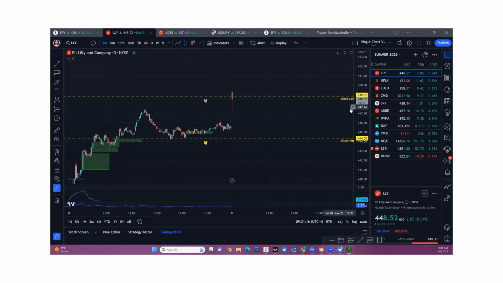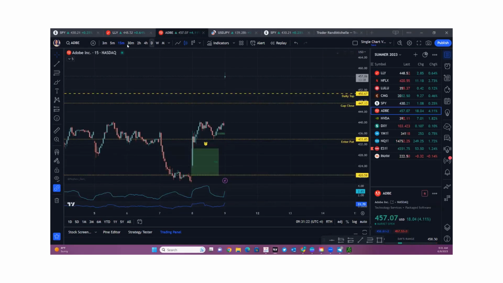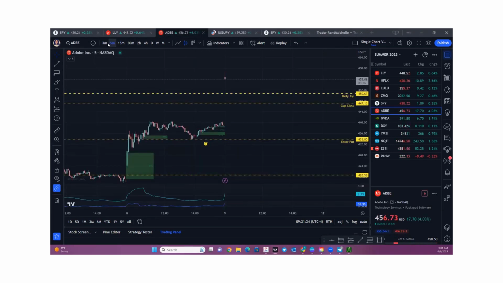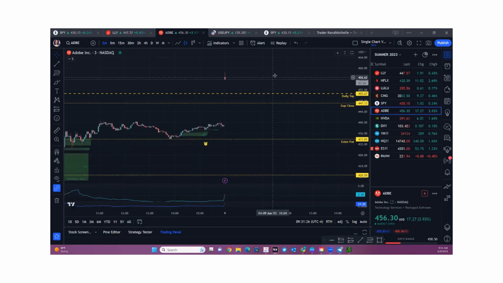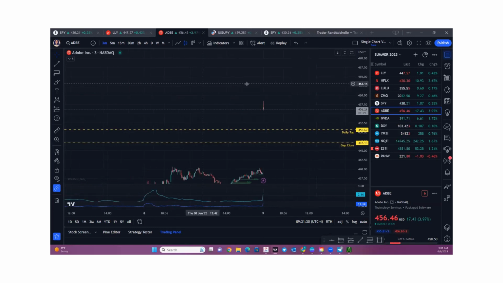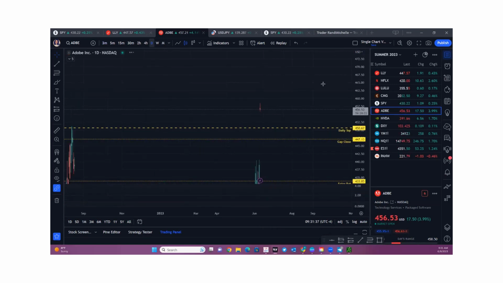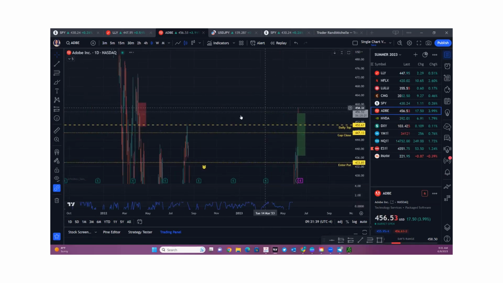442. Let me wait on it and let it figure itself out. What is Adobe doing? Adobe, up or down? Which one is it? This is a 460 right here, which was that gap.